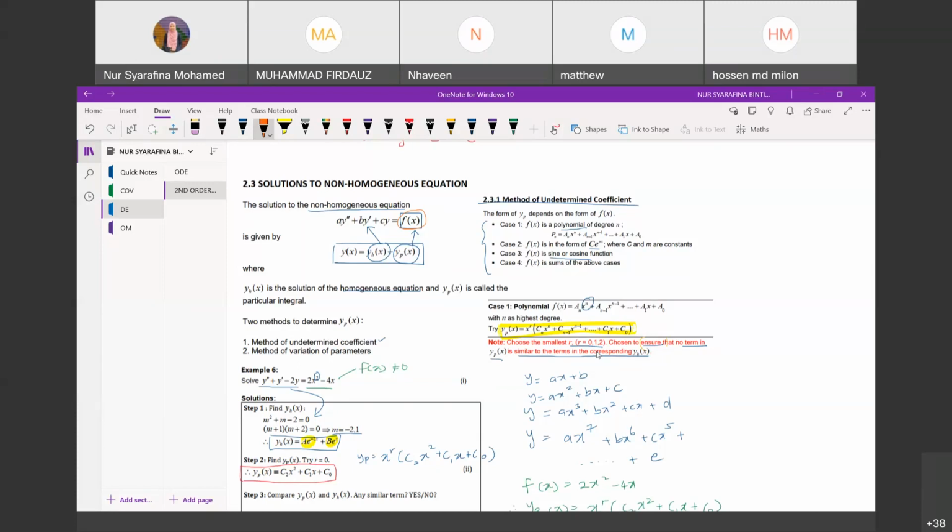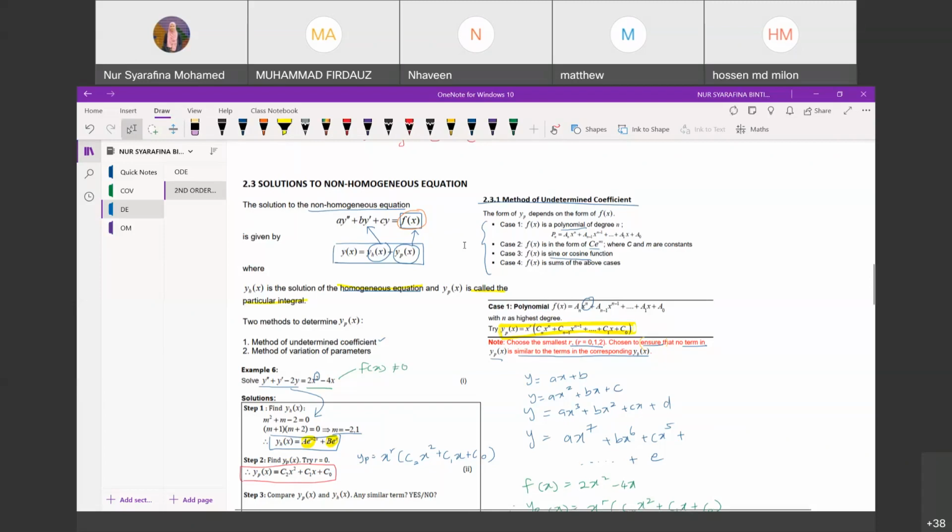So yp here is the particular integral, the solution for the right-hand side function. yh is quite easy, just like we did in our homogeneous solution. Now, how can we find yp?